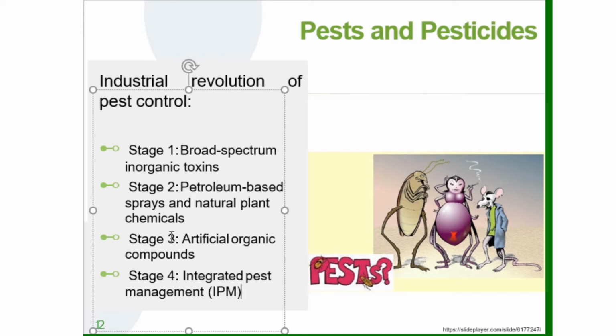Caterpillars and other larvae pests can be combated with the use of a bacterium named Bacillus thuringiensis, also known as BT, which is very useful. And BT corn is already introduced. There are so many modified crops already introduced in the market. So we have BT corn. We also have the BT talong.